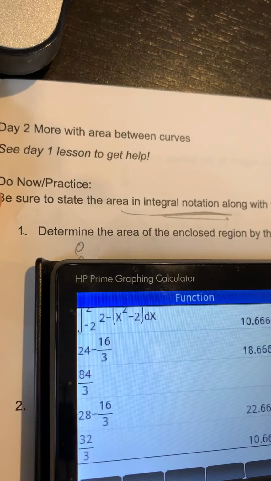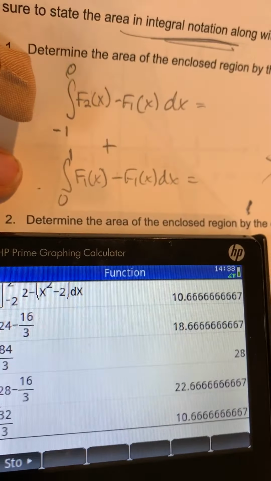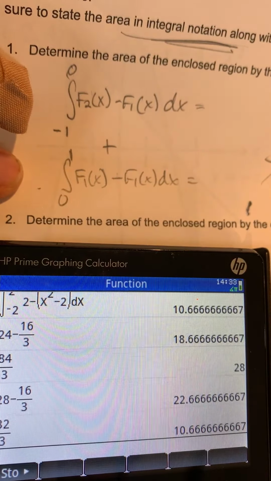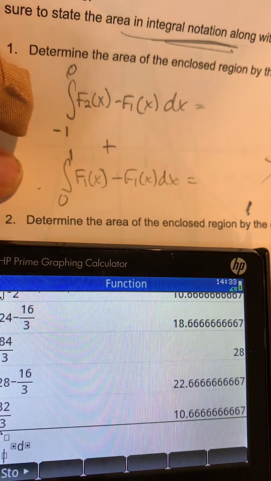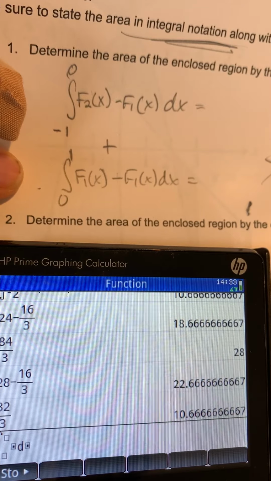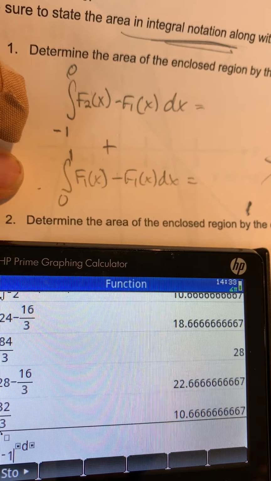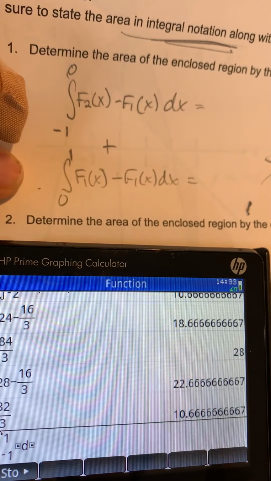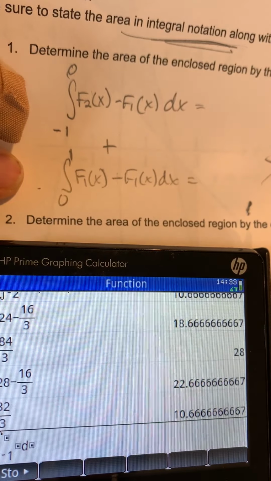So I'm gonna go in here. And that would be because it's symmetrical on both sides. But let's show how that works. So you're going to go here, integral -1 to 1. I was kidding, to 0.